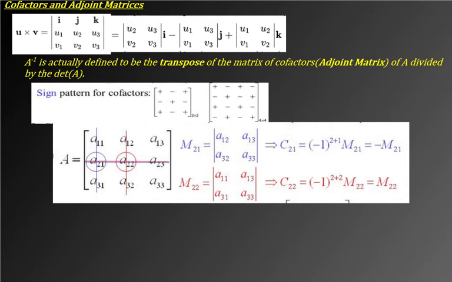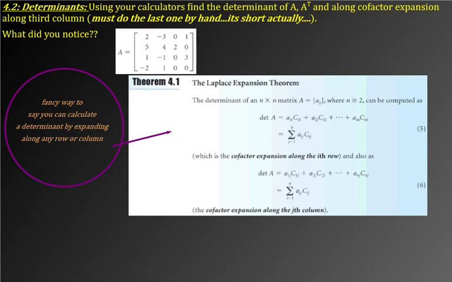So that's the plan. All right, the first thing I want to do is use a calculator to do it faster here, but I want you to see a connection between the determinant of A and A transpose.